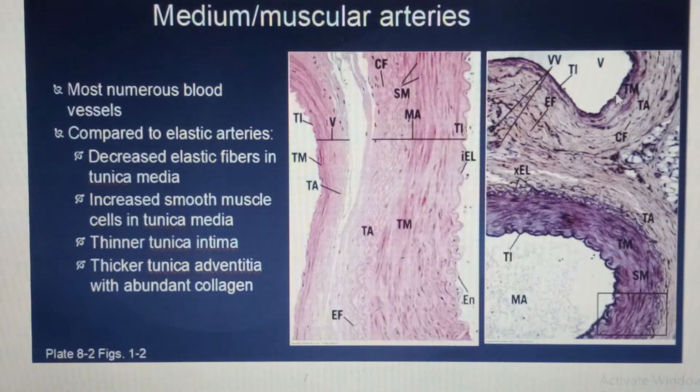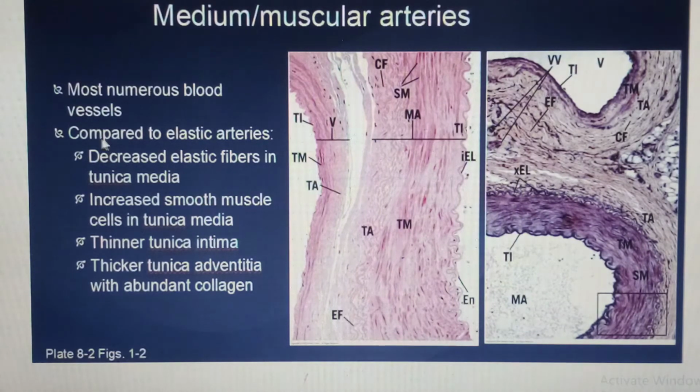We see a lot in the muscle layer, therefore it tends to blend. So we don't see a clear-cut partition between the tunica media and tunica adventitia. Moreover, we don't even see or appreciate the internal elastic lamina as well as the external elastic lamina. So these are some identifying features which can help us distinguish between these ones.